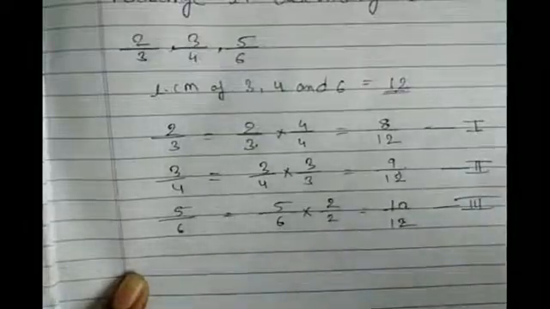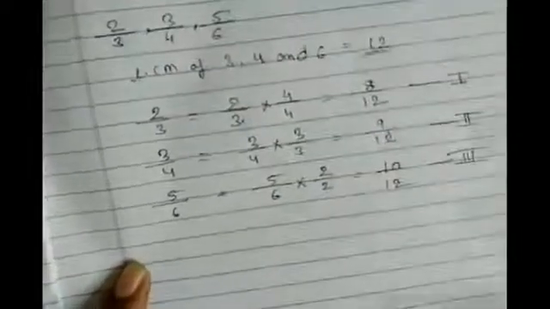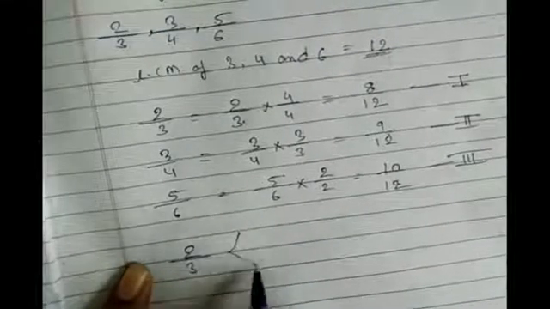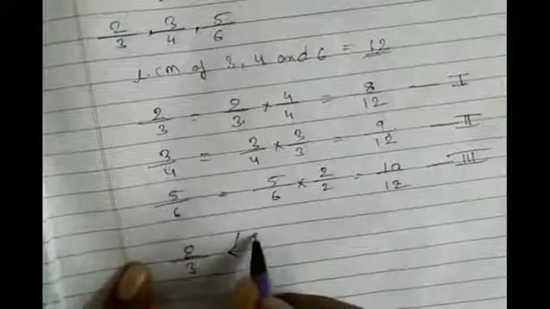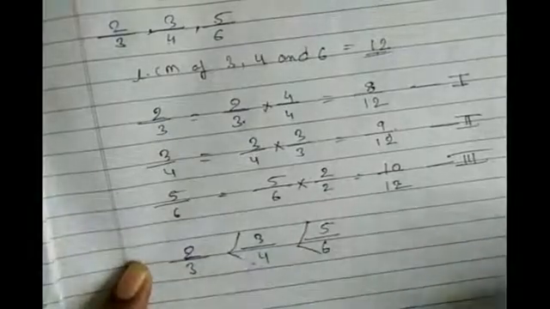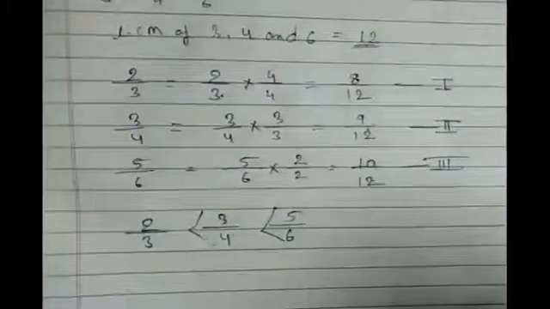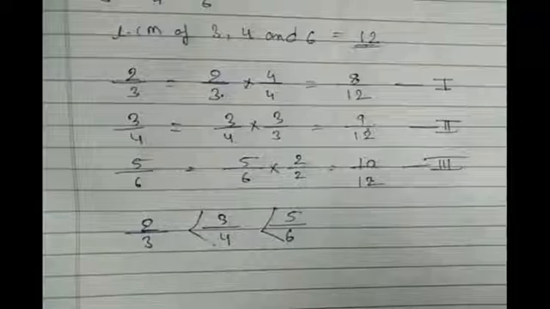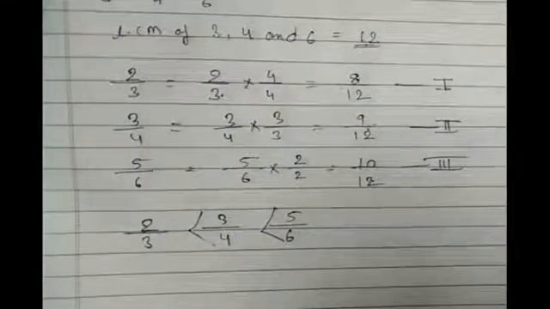So when we arrange the given fractions in ascending order, what we write first is 2 upon 3. It is the smallest one. The second is 3 upon 4 and the third is 5 upon 6. In such a way, you can arrange fractions in ascending or descending order.